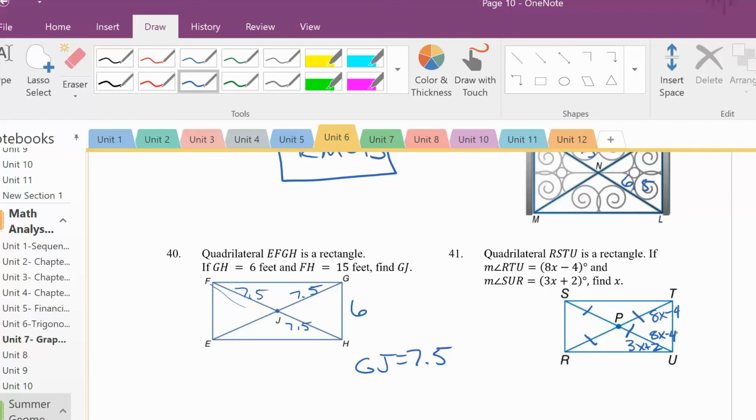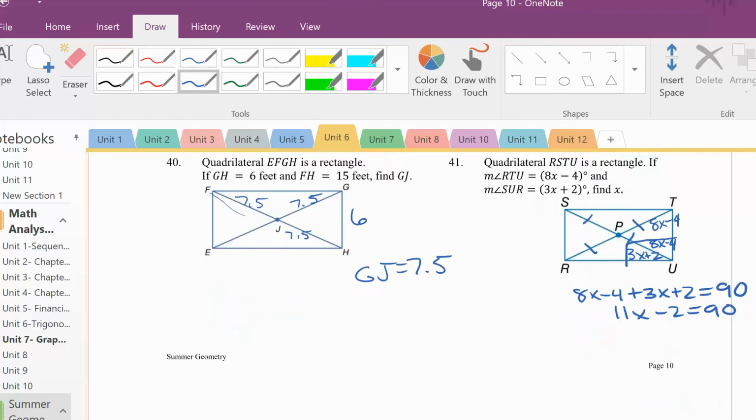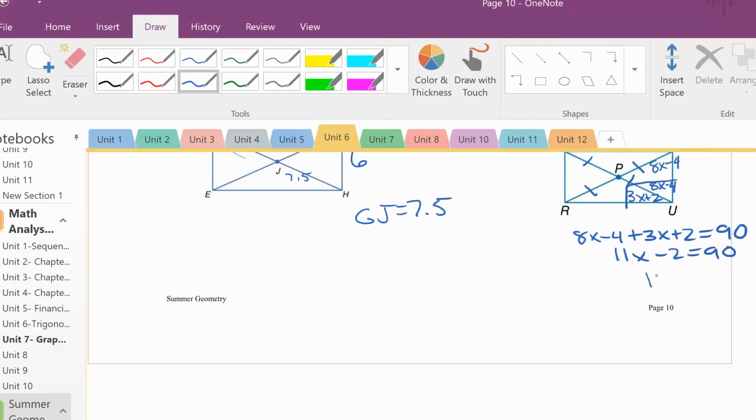So that means if you add up these two angles here, that should be a right angle because it's a rectangle. So 8x minus 4 plus 3x plus 2 is equal to 90 degrees. So 11x minus 2 equals 90. Then you add 2, so 11x equals 92.